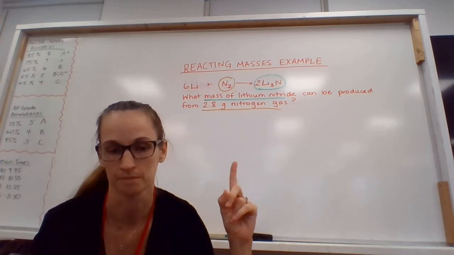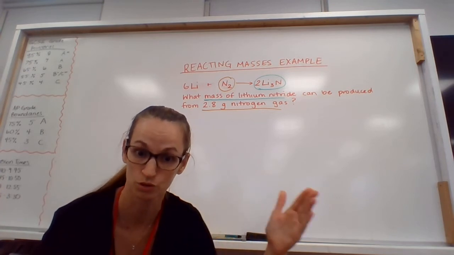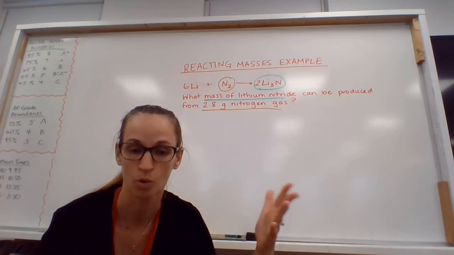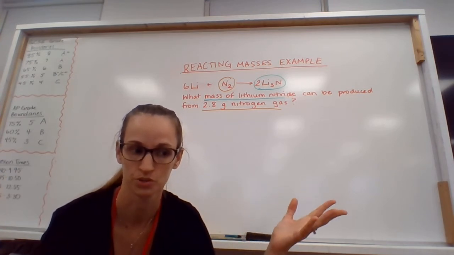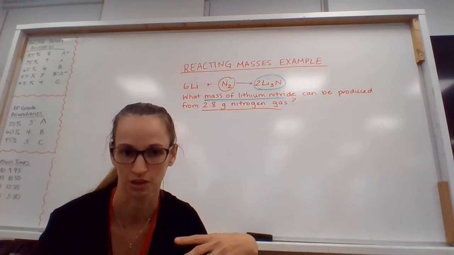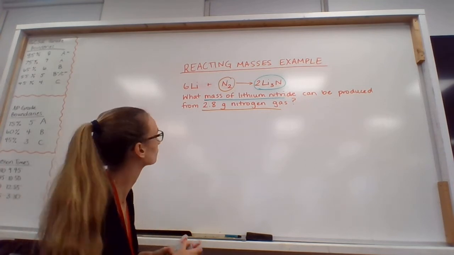So that's step one, change to moles. Step two is where you can do your transfer, and that's using the mole ratio from the equation. And finally, step three, once you've changed to moles of your unknown, you can change back to mass, which is what they've asked you for. What mass? So let's go ahead and do all that.